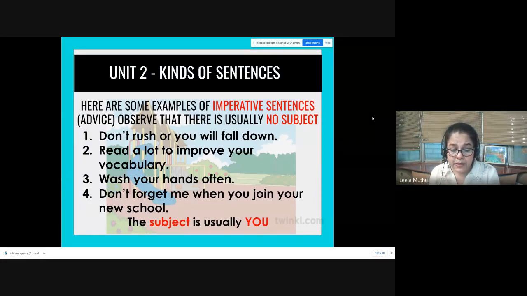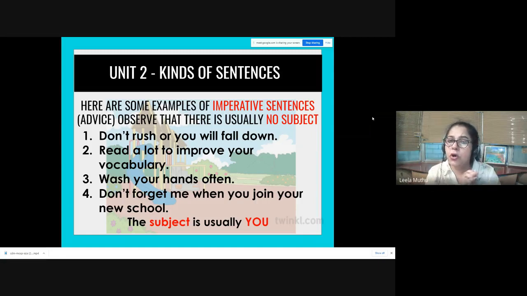In these sentences, you don't see a subject. You just see the verb immediately. Don't is a verb. Read is a verb in the second sentence. Wash is a verb in the third. And don't forget me is a verb in the last, fourth sentence. So there's no subject. In these cases, the subject is you, because the person who's talking is talking to you.